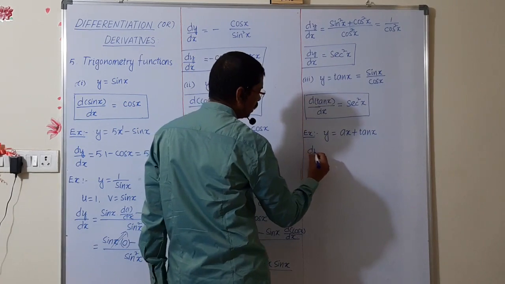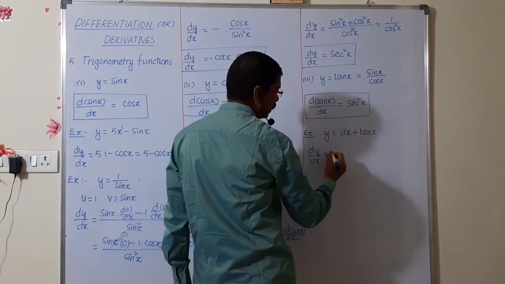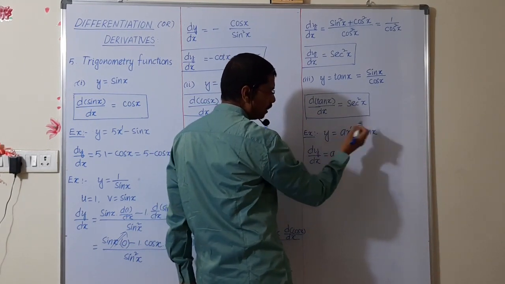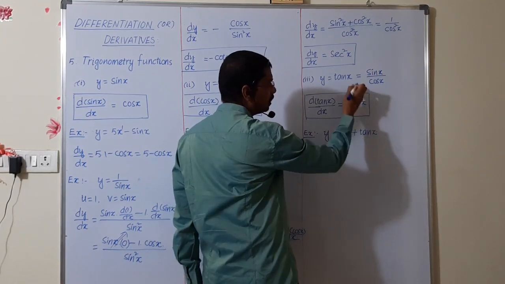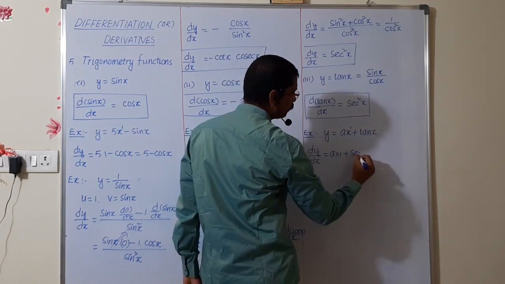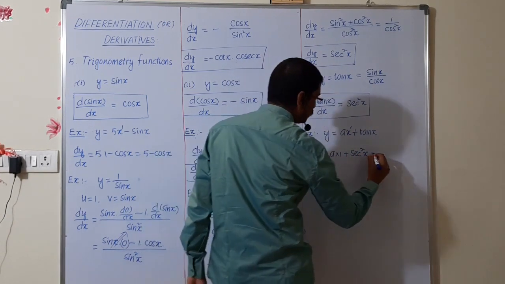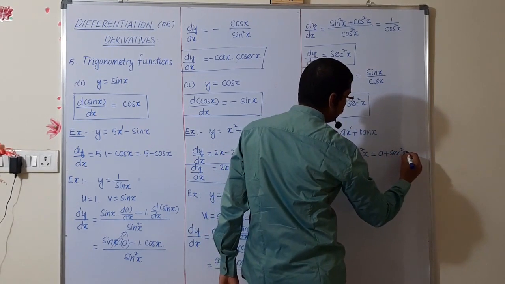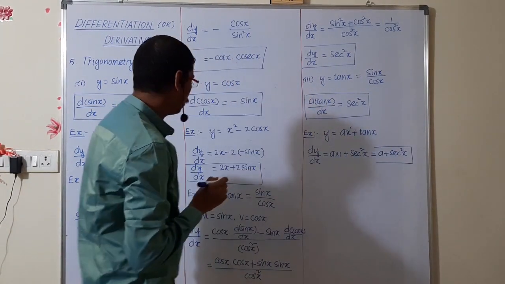The differentiation dy upon dx is equal to: here ax has power 1, so it becomes a, plus differentiation of tan, which is sec square x. Now what is the answer for this? a plus sec square x. This is the answer for the above question.